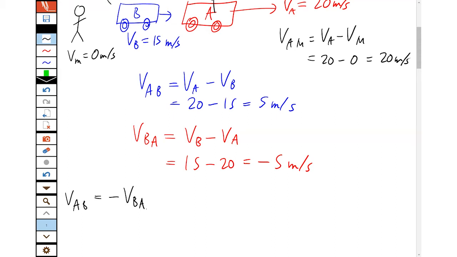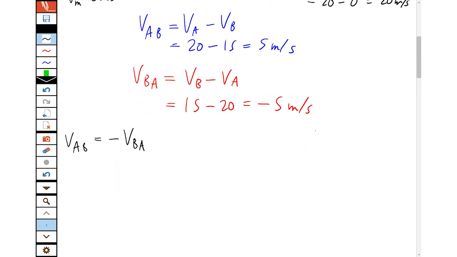Now, why do I mention this? Because your own notes present this in a correct but slightly unintuitive way. You'll see in some of your own notes, they say velocity AB is velocity AX plus velocity XB, which is correct in terms of their relative velocities to some third point X. But I find sometimes people have difficulty picturing that.